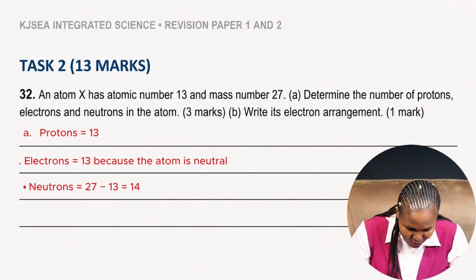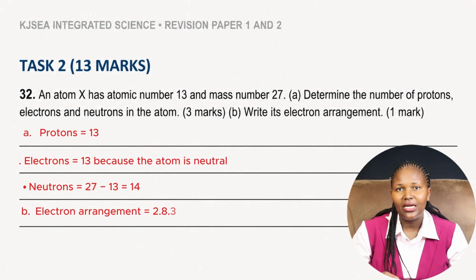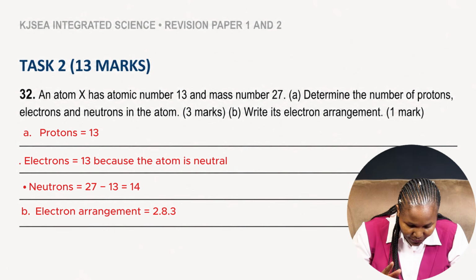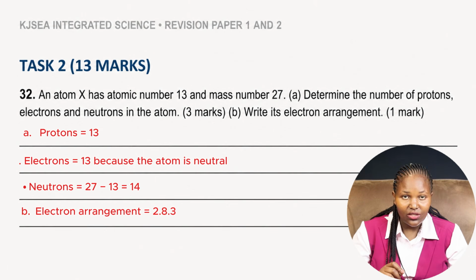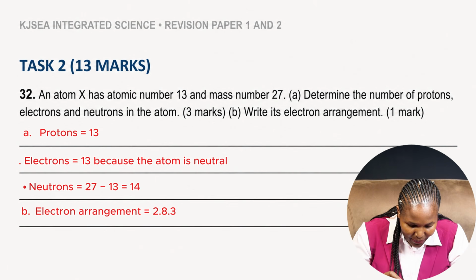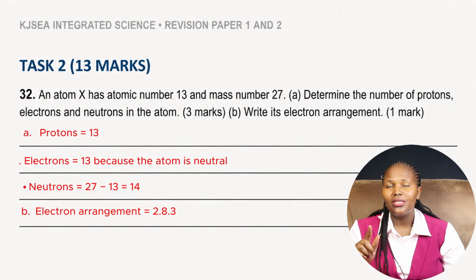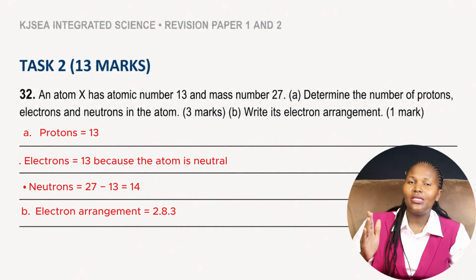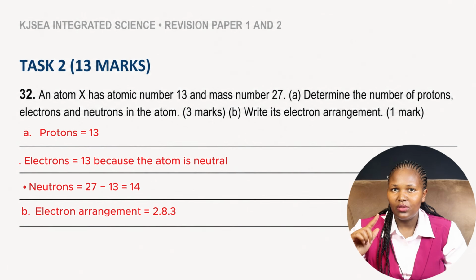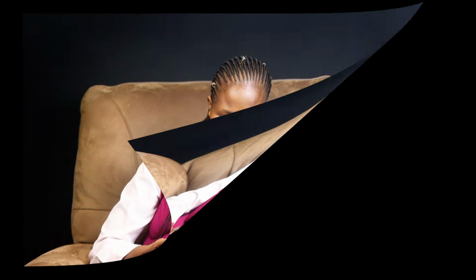If you are asked to write the electronic arrangement, we use the atomic number, which is 13. So we take 2:8. Remember, we start with 2, then 8, then the outer layer is going to be 3. 2:8:3. Then we go to the next question, question number 33.